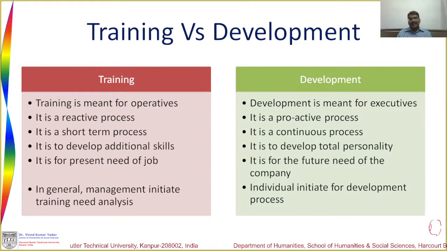But development is a continuous process. Behavioral development, management development is a continuous process. So it is not basically a time based process. As we discussed, training is to develop skills, whereas management development is to develop overall personality, overall performance of people on management positions.